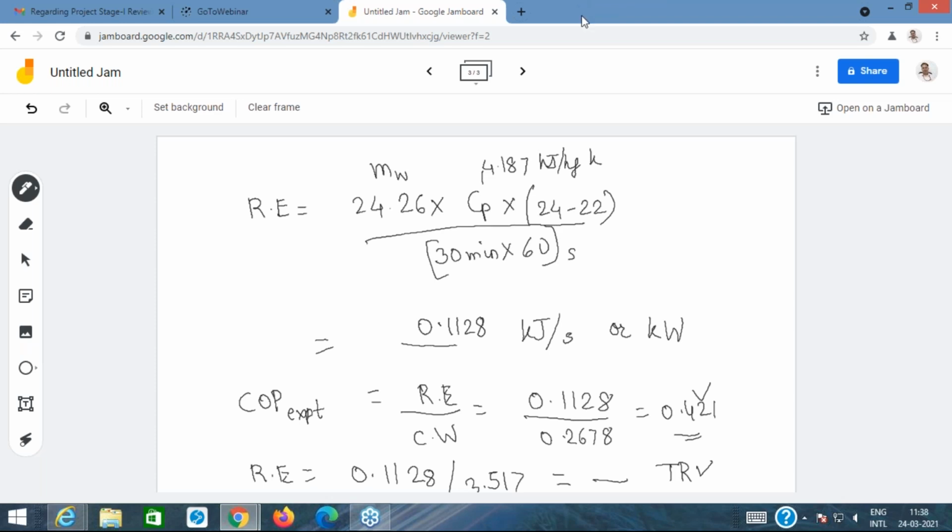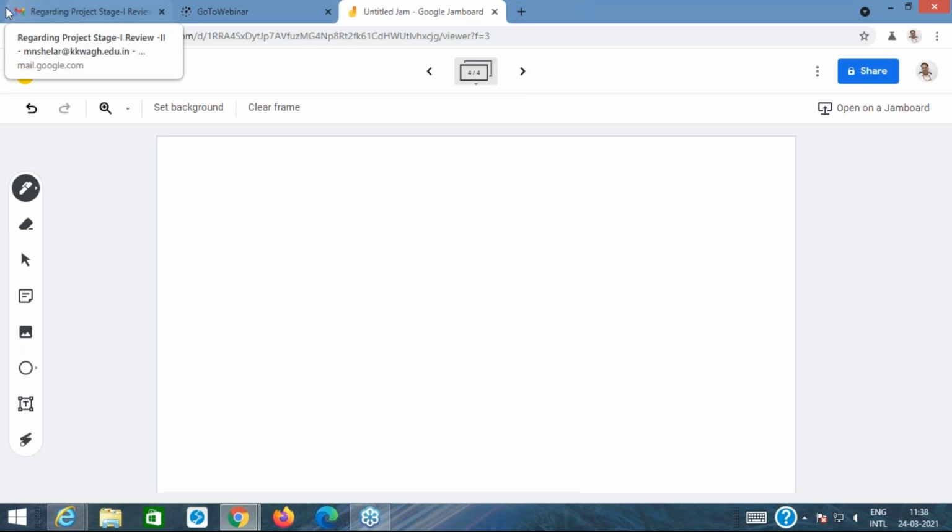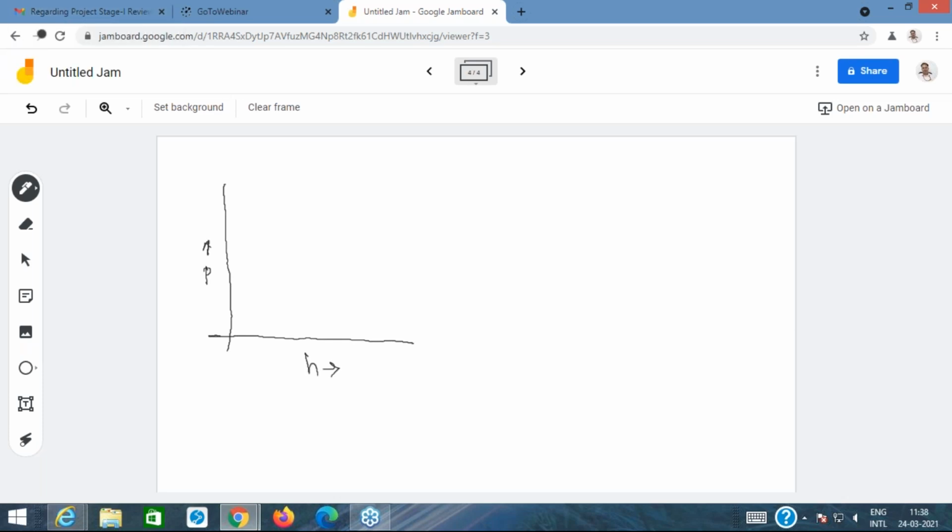The other method of arriving at the performance is using some analysis and property tables, that is, the pressure enthalpy diagram. The pressure enthalpy diagram of R134A has to be used because the refrigerant used in this system is R134A.